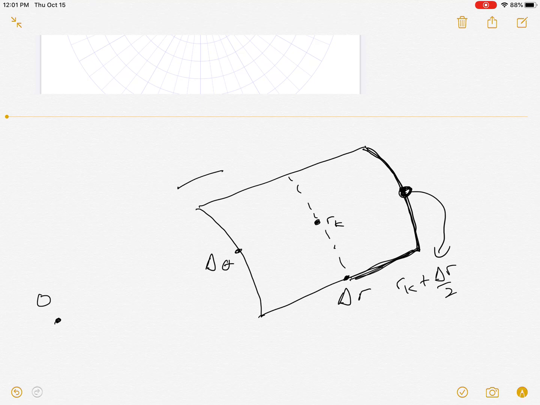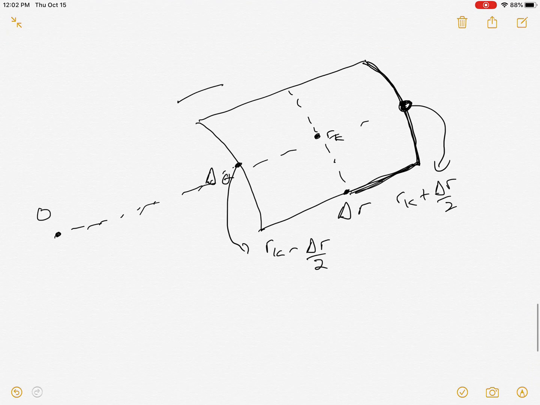And this guy is r sub k minus delta r over 2. So this distance is that, and this distance is that, and we're going to look at the difference of the two.